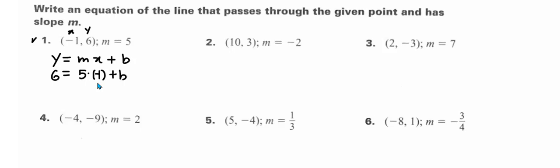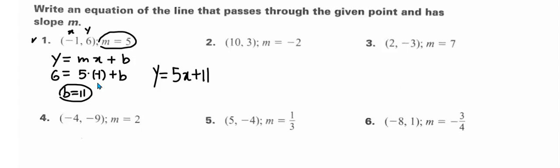And now you're going to find what is b. I'm going to pause a little bit and wait for you to find b. Okay? Did you say you worked out b is 11? Very good. Once you find b, you're going to use m one more time. Then you're going to write down y equals 5x plus 11.